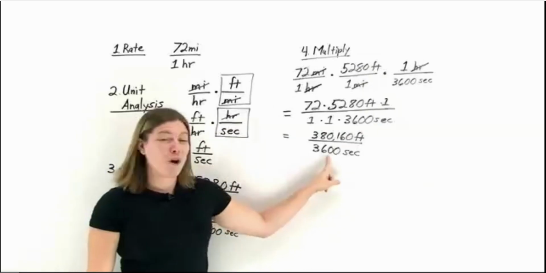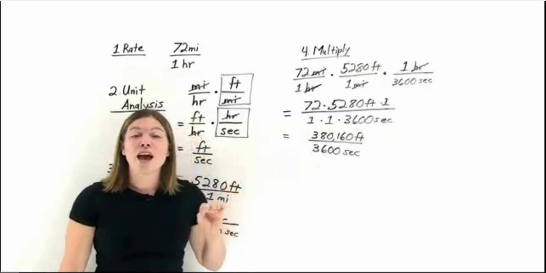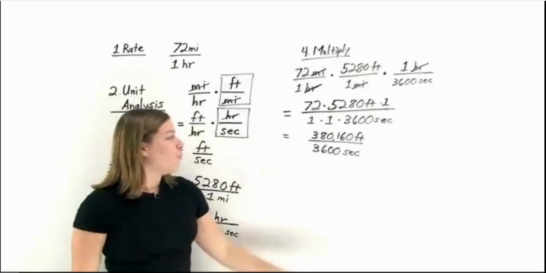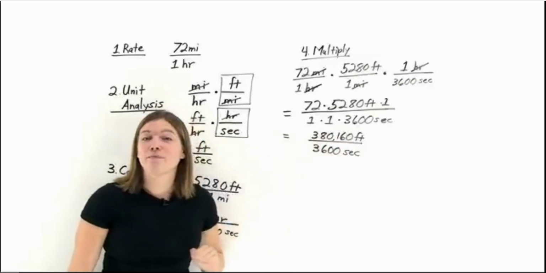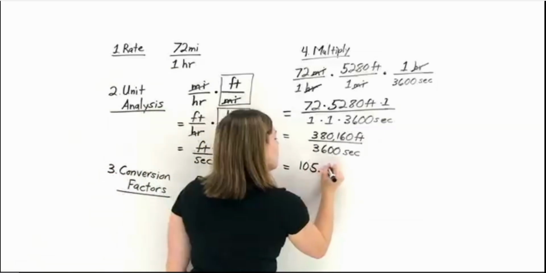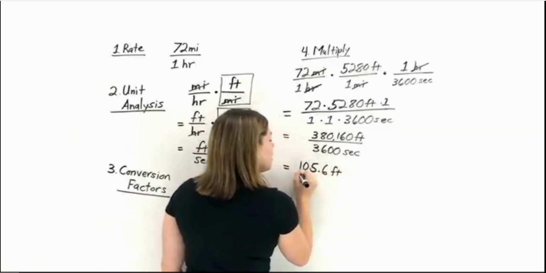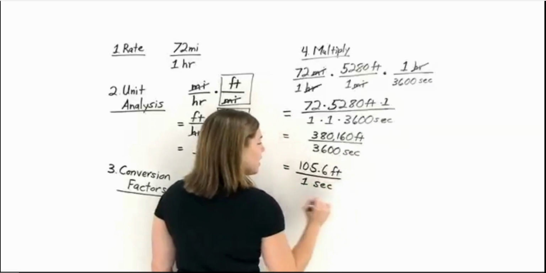So we need to have 1 second in the denominator, not 3,600. In order to have 1 second in the denominator, we need to take 380,160 divided by 3,600. When we do, we get 105.6. So this simplifies to 105.6 feet over 1 second.